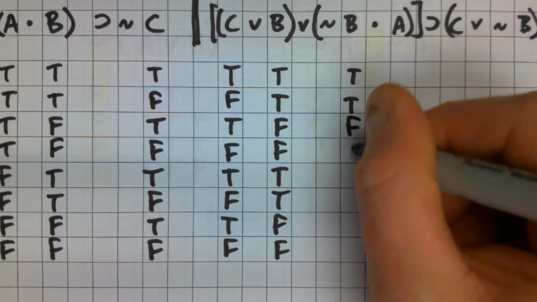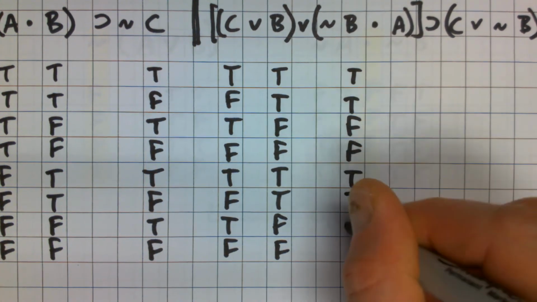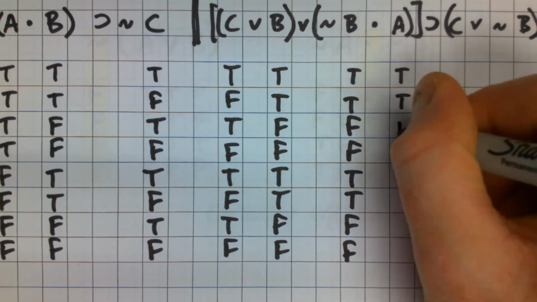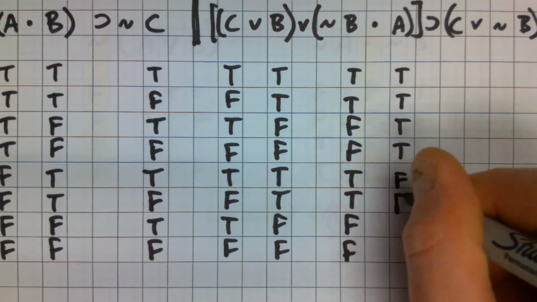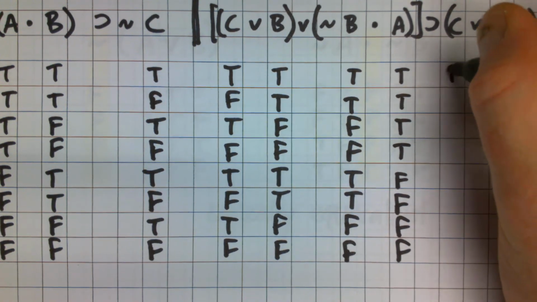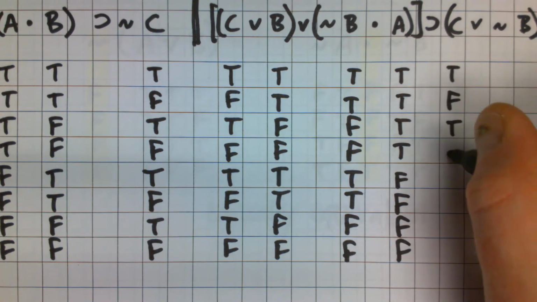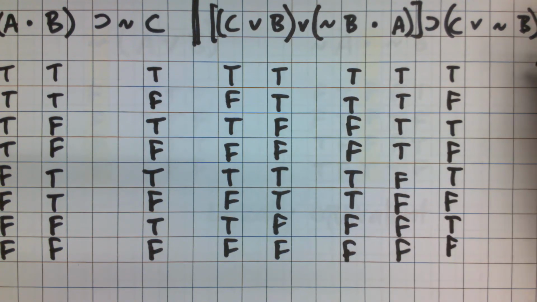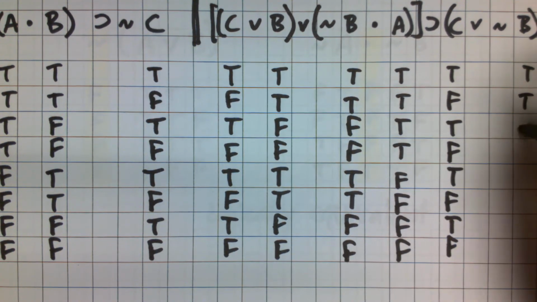B again. A was 4 trues in a row and then 4 falses. C again is alternating by just 1. And B again is 2 by 2.